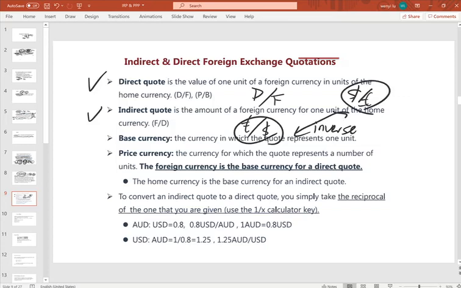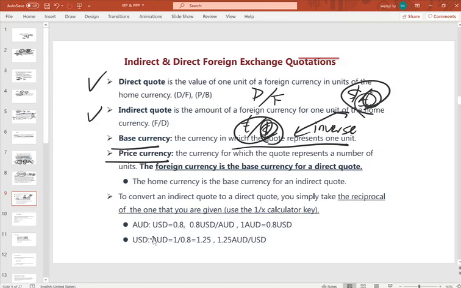The base currency is the currency at the bottom of the quote, so there is 1 unit of it. The price currency is at the top of the ratio, meaning we quote how much per 1 base currency.